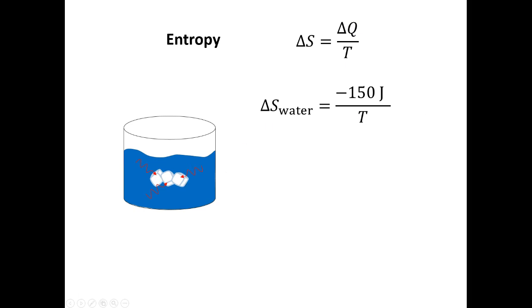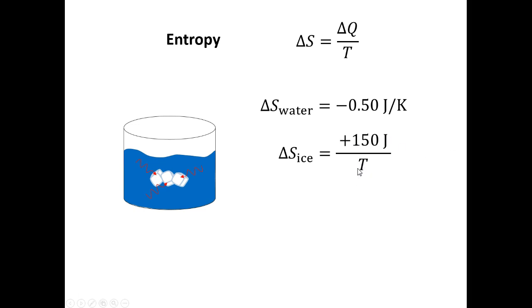And the temperature on average for the water, let's say, is 300. If we calculate this out, we get negative 0.5 joules per Kelvin as the change in entropy. So the water loses entropy. What about the ice, though? Well, the same 150 is transferred to the ice, and now this is positive because the ice is gaining some energy.